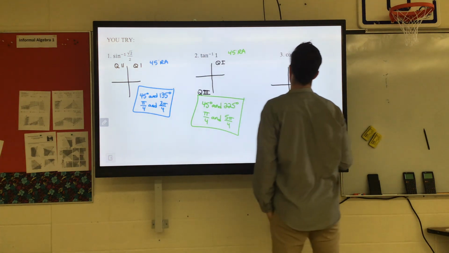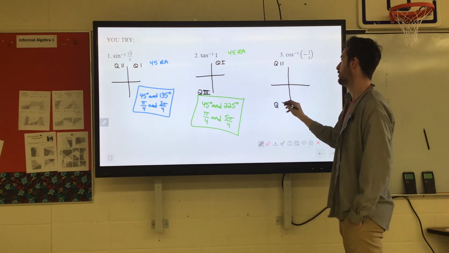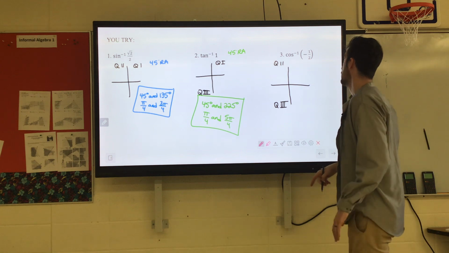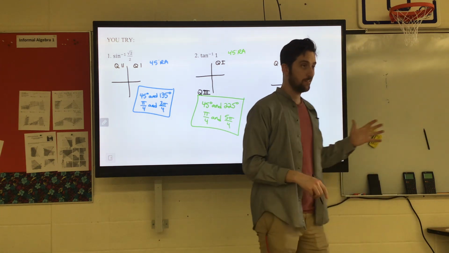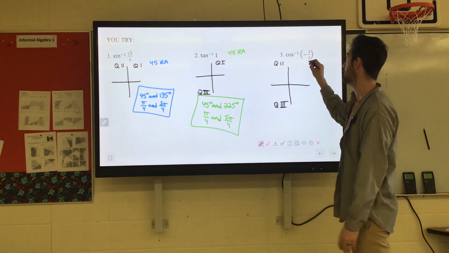Cosine is x. X is negative in quadrant 2 and quadrant 3. X, fingers to the left, we need one finger to the left, that would be a 60-degree reference angle.